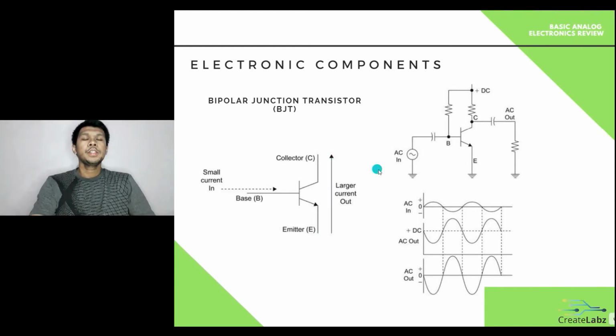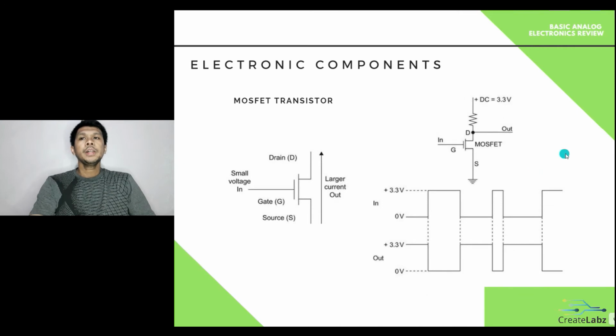A MOSFET transistor is also a three-terminal component. Its terminals are the gate, the source, and the drain. Like the BJT, it can also act as an amplifier, wherein a small voltage input at the gate will cause a large current output at the drain to source.